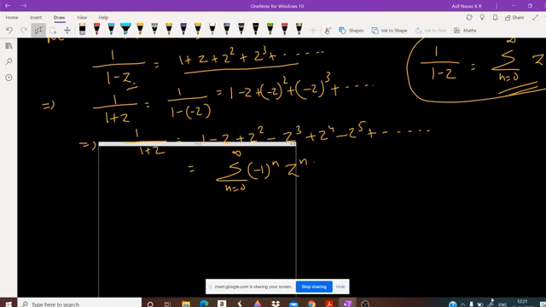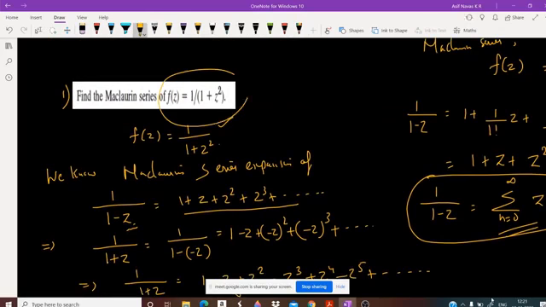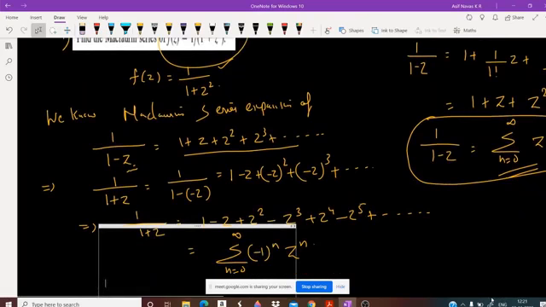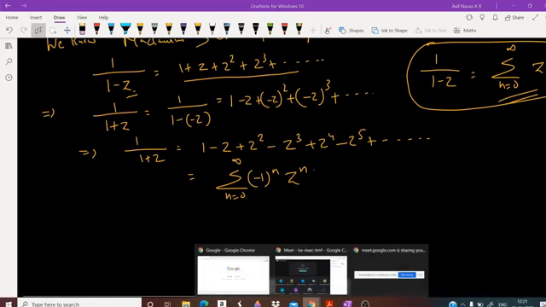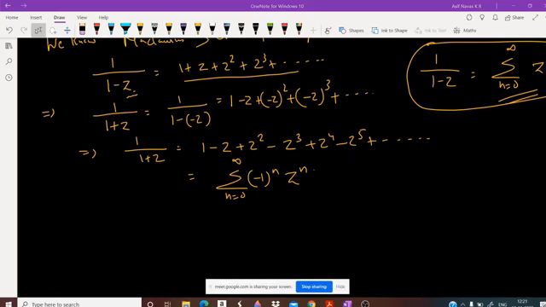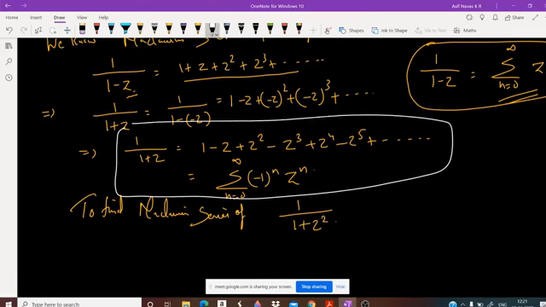Now in this case, we have to find the Maclaurin series of 1 by 1 plus z square. We already know the Maclaurin series of 1 by 1 plus z.